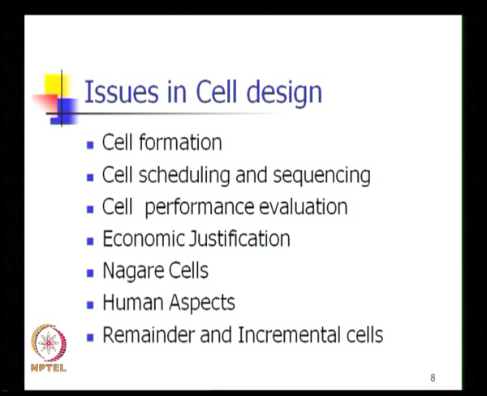So, in such cases, when we have a cell that is dedicated and makes one particular small product which goes to another company, or a set of parts that go into the product, such cells we describe as incremental cells, which are created to make a particular product or a particular set of parts exclusively for them.